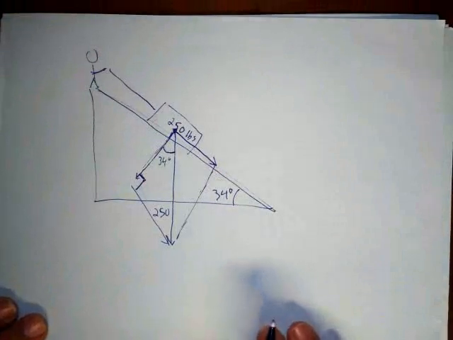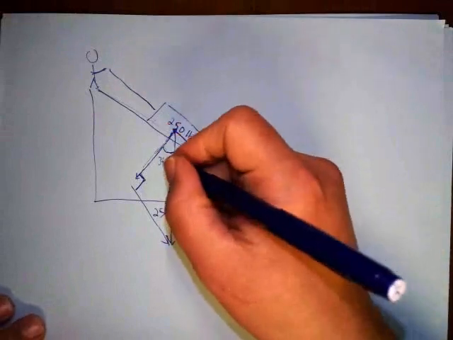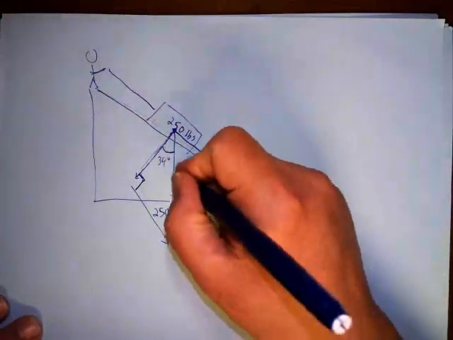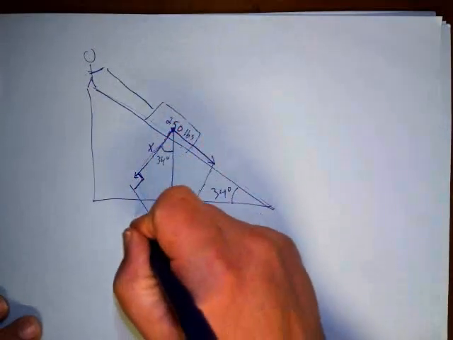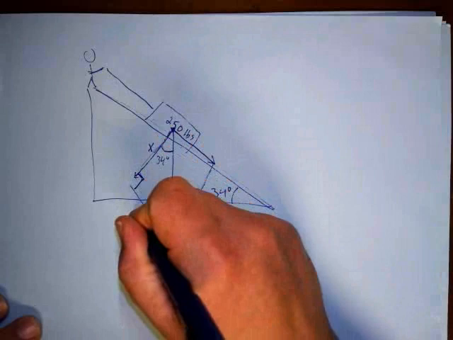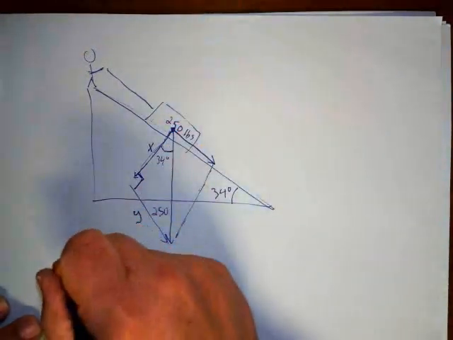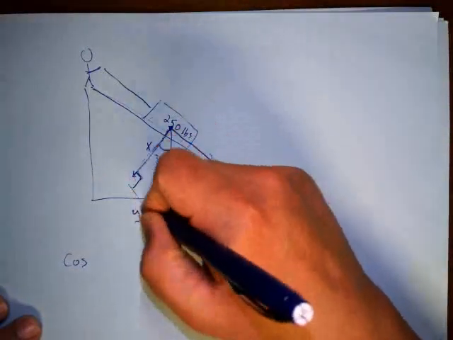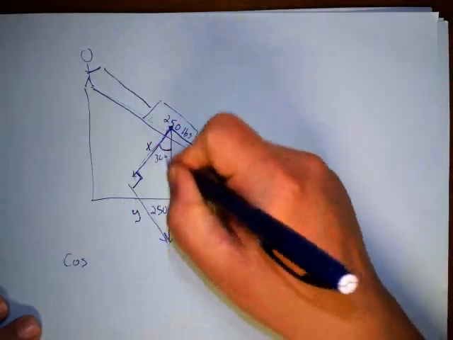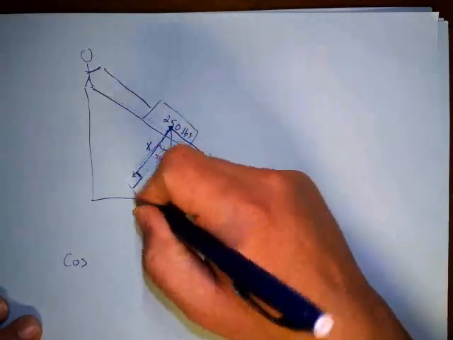So this is the hypotenuse, we'll call that x, and we'll call this the y component. What we're going to do is find this and this: this would be the perpendicular vector, and this would be the parallel vector.